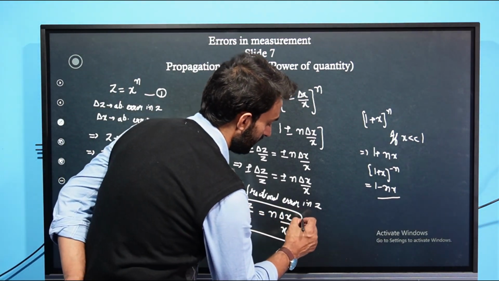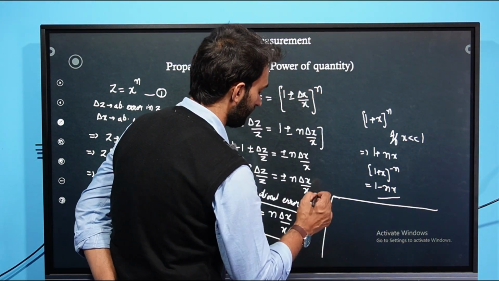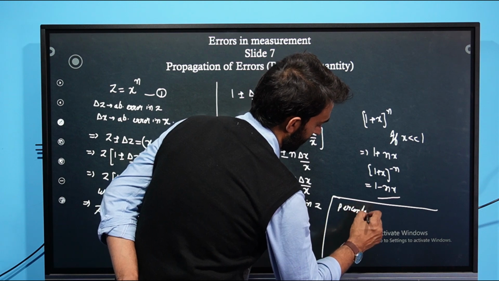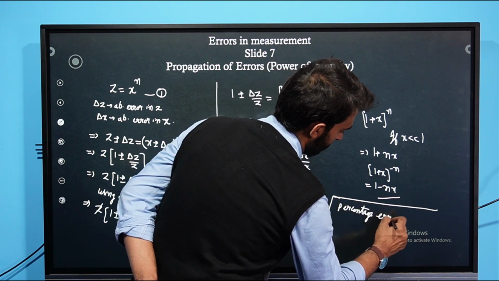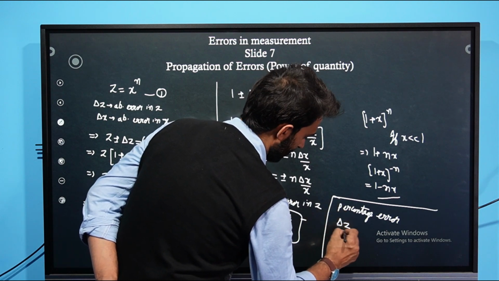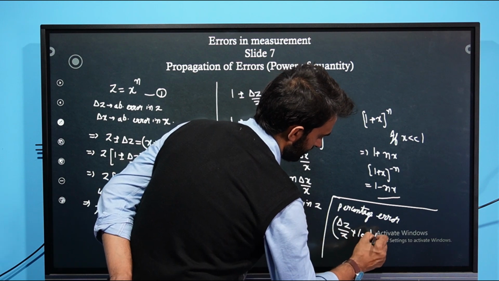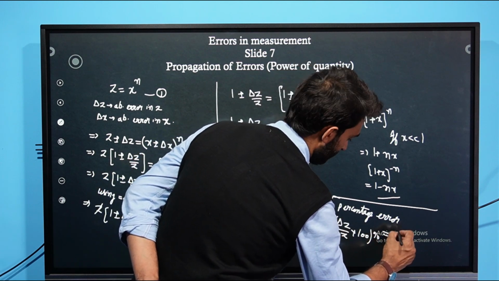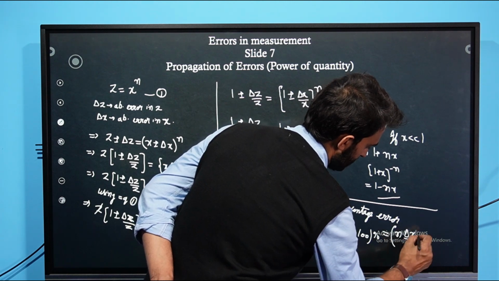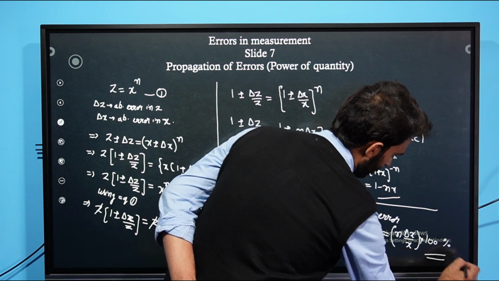So this is the fractional error in z. If we have to write the percentage error, it is delta z by z multiplied by 100% will be equal to n delta x by x multiplied by 100 and the percent sign.